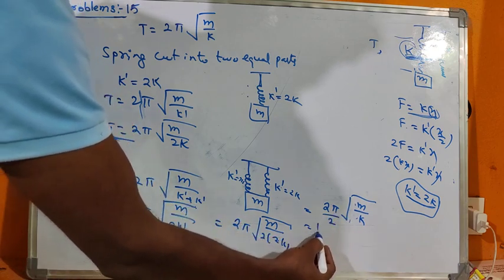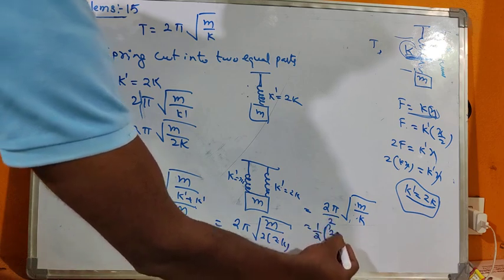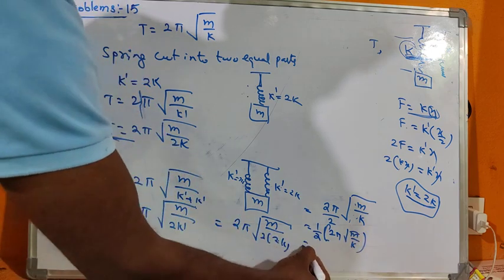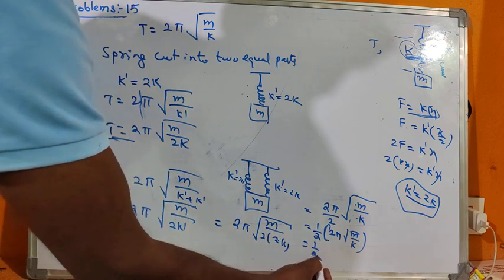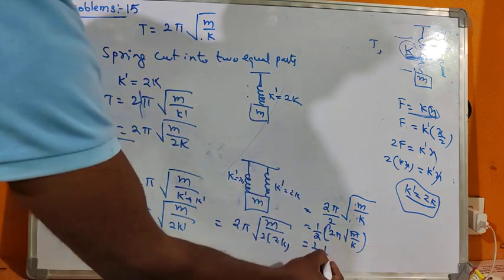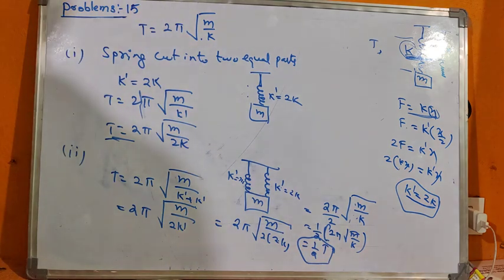So that is 1 by 2 of 2 pi under the root of m by k, and this is equal to how much? 1 by 2. This total is equal to T. Okay, this is the new time period.